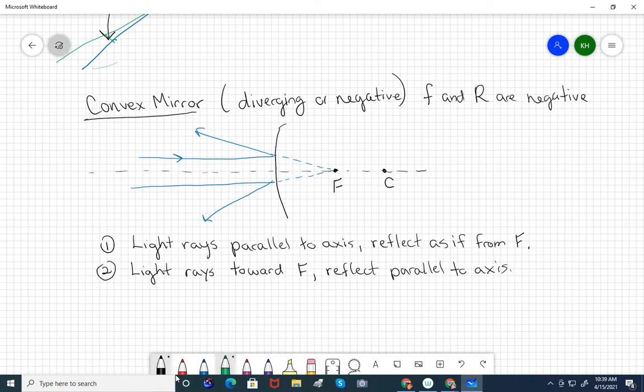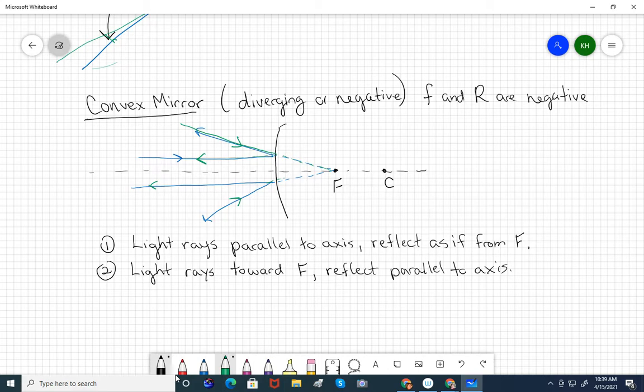If I have a ray and I say, look, this is an incoming ray, and it looks as if it's going right towards that focal point, when it hits, it will reflect parallel, because rays have reversible paths. So if a parallel ray reflects as if it's coming from the focal point, a ray towards the focal point will reflect parallel.